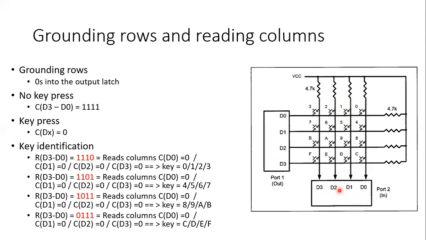Then in order to identify which key has been pressed, one by one we set the logic value 0 to the rows. First we set logic value 0 to the row D0, isn't it? Then if any of the columns is having a value 0, then the corresponding row and column key is pressed. It may be 0 if this column is having a value 0. Similarly for all other keys.